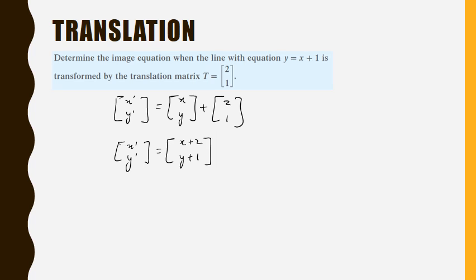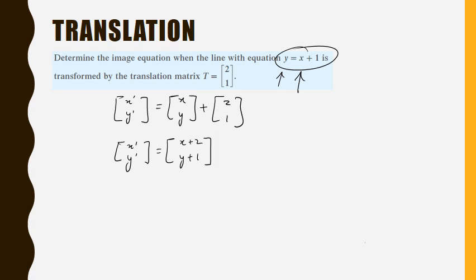Now just be very careful, you might be tempted to just say, oh, we're just going to add 2 and plus 1 to each, but you have to keep in mind that that's the original, so when we put it back in, it has to be the original ones in terms of the new ones.